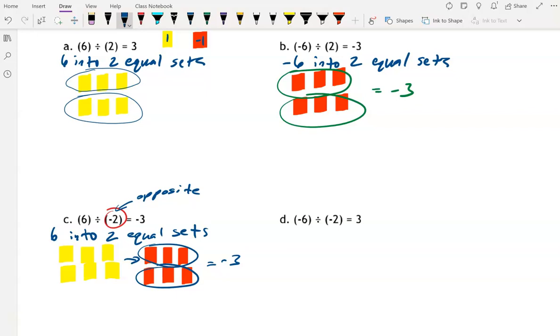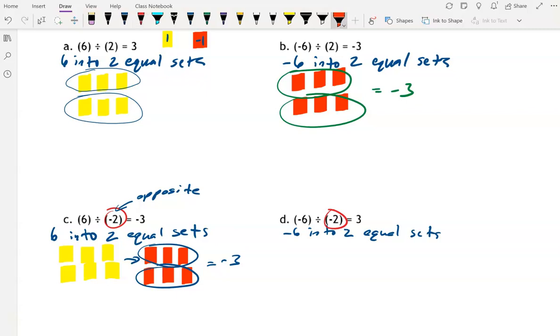Let's start with negative 6 divided by negative 2. So now we're taking negative 6 into 2 equal sets. But then we're going to take the opposite because of the negative.